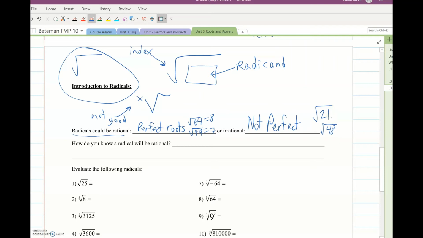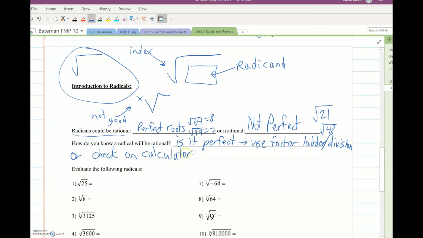So how do you know a radical will be rational? Is it perfect? Two things. Number one, you can use the factor ladder division that we looked at the last couple days, or you can check on the calculator.